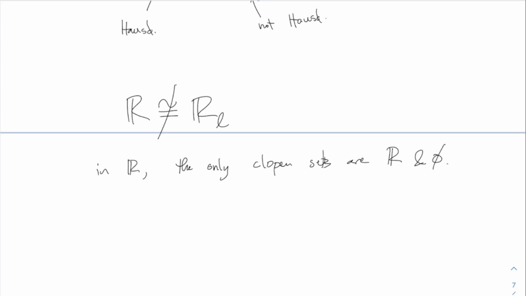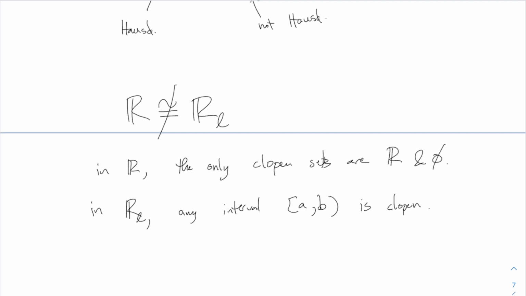I don't remember, but in R with the lower limit, any interval A to B like this is clopen. That's because the complement of that also includes its lower limit. It would be B up to infinity and also minus infinity up to A. But the complement of this is also open.